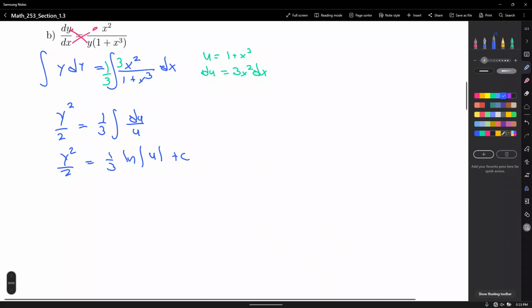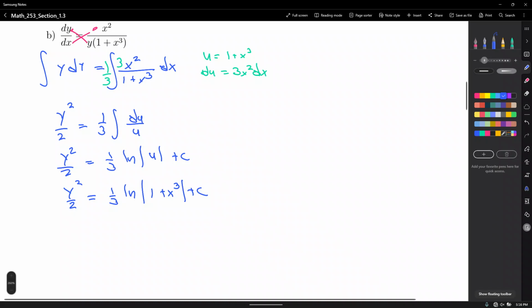Okay, so what's next? So back substitute: y squared over 2 equals 1/3 ln of, in this case, I need to keep the absolute value bars. In some cases you don't need them, in some cases we need them. Here we need them because we don't know what x is, right?